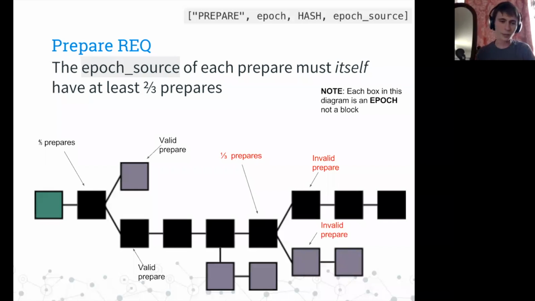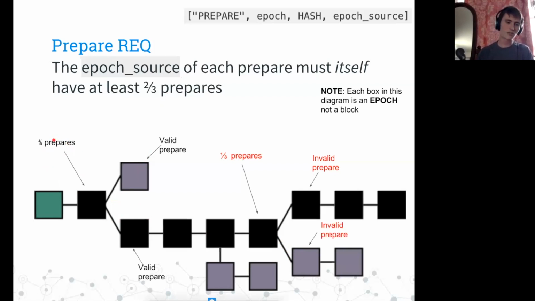Prepare requirement: the epoch source for each prepare must have 2/3 prepares itself. If you look, this is the prepare message, which means the previous epoch has to have 2/3 prepares. In this example blockchain, each one of these is going to be an epoch. I'm just simplifying it; remember, there are 100 normal proof of work blocks in between.